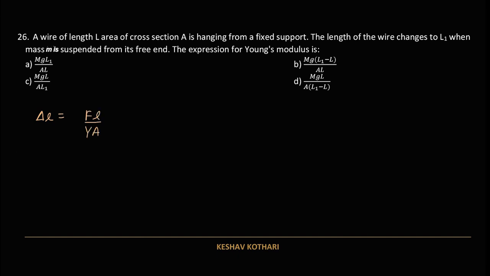Now this value of delta L can be written as L1 minus L, which is equal to F, that is equal to mg, original length L upon YA. So the value of Young's modulus can be written as mgL upon L1 minus L into area A. So for this particular problem, option 4 is correct, that is mgL upon L1 minus L into A. Let us move to the next problem.